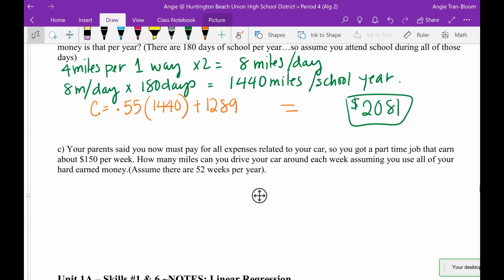For 43 weeks you would make $6,450, and then divide it by 0.55, which is how much each mile costs. That would get 11,727 miles. Then you divide that by the 43 weeks and get 272 miles per week.